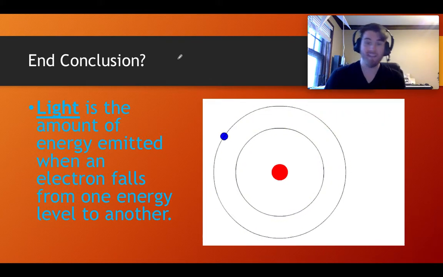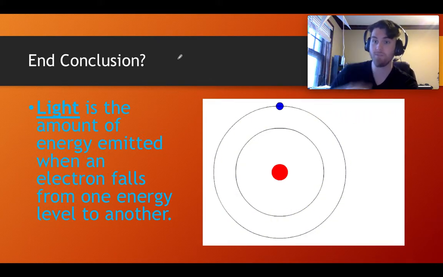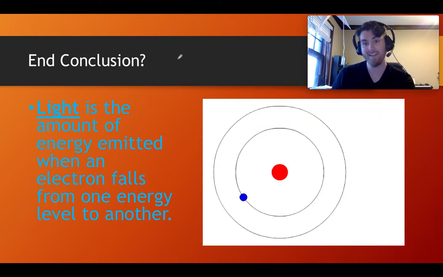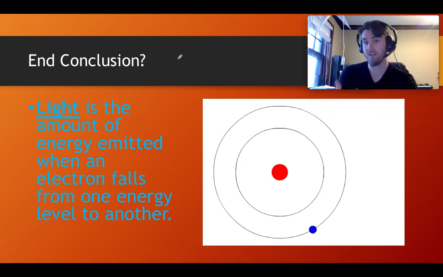Because of this, you can't know what level this electron is at at that specific time unless you give it energy or it releases energy. That's the Heisenberg uncertainty principle. But this is the main idea. You're talking about exactly how that light is used in this atom. That's quantum mechanics. Quantum mechanics talks about how an electron can exist in one level or another, but it can't exist in between.